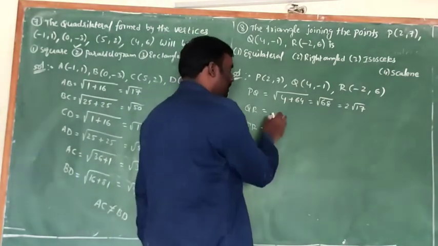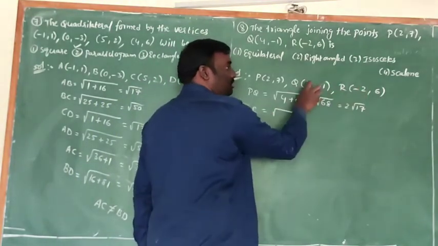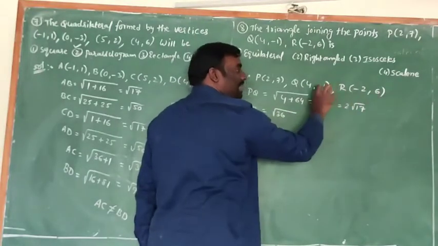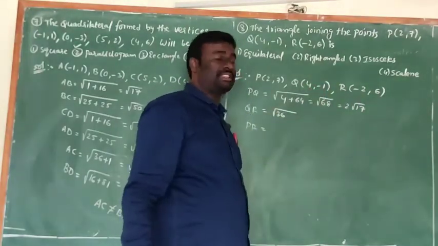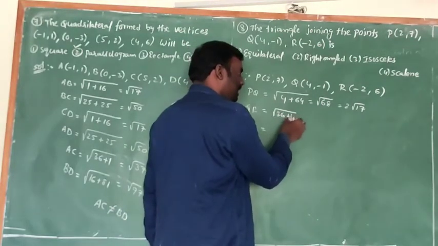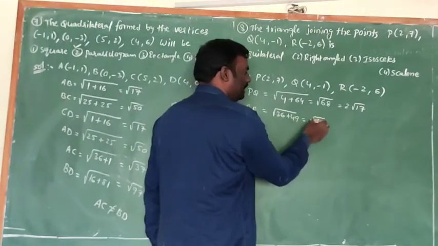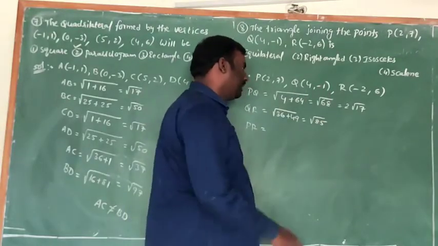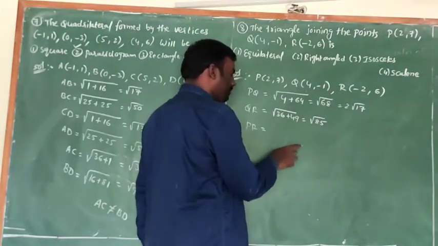Next I am finding QR. Under root of (-2 minus 4), minus 6 whole square, 36. (6 minus (-1)), 6 plus 1, 7, 7 square 49. That is nothing but root 85. Okay. Next PR.